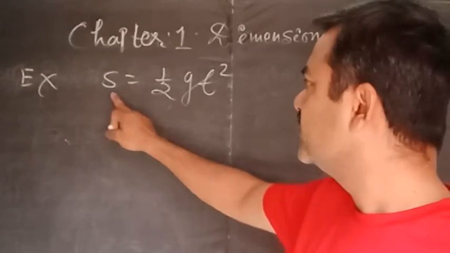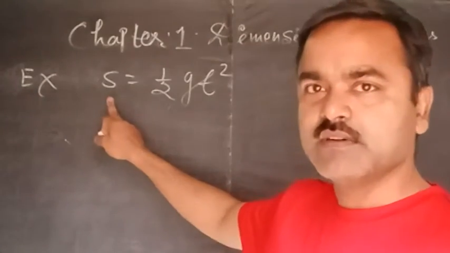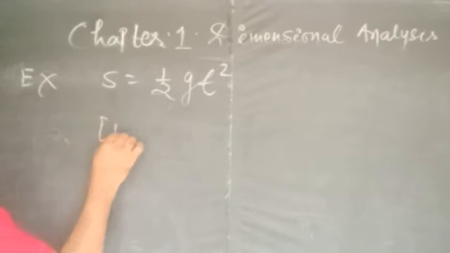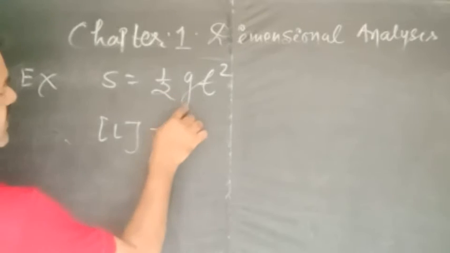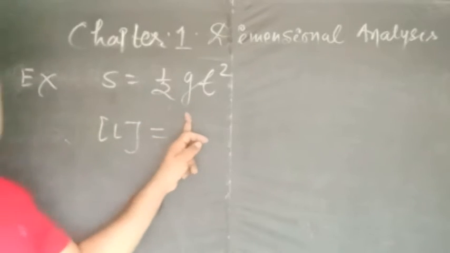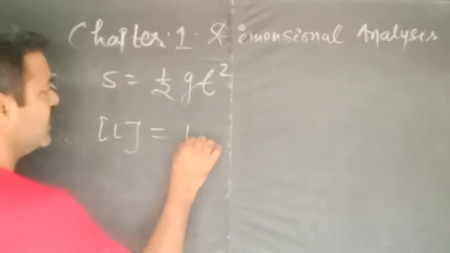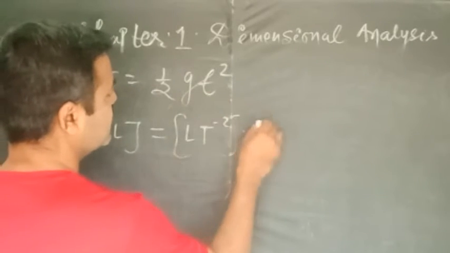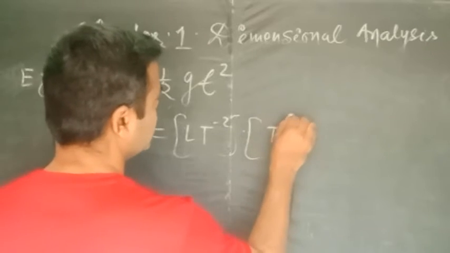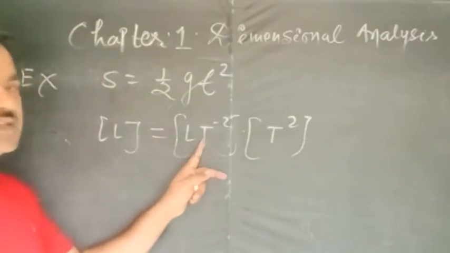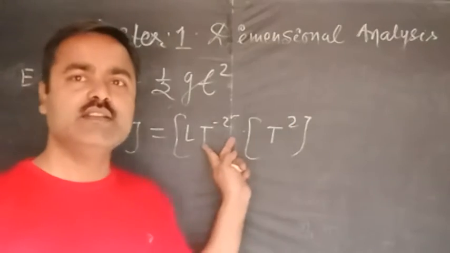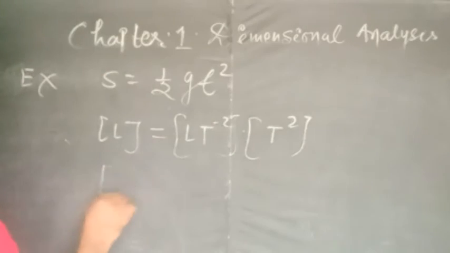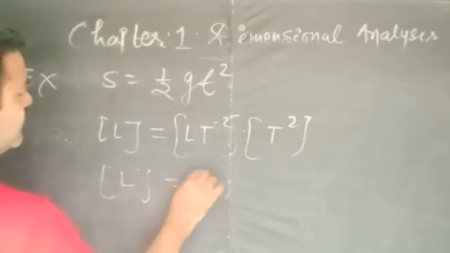So S, the dimensional formula, is L, and the acceleration due to gravity is LT^-2, and this one is T squared. So here you may see T^-2 and T squared cancel out. So you will get L equals L.